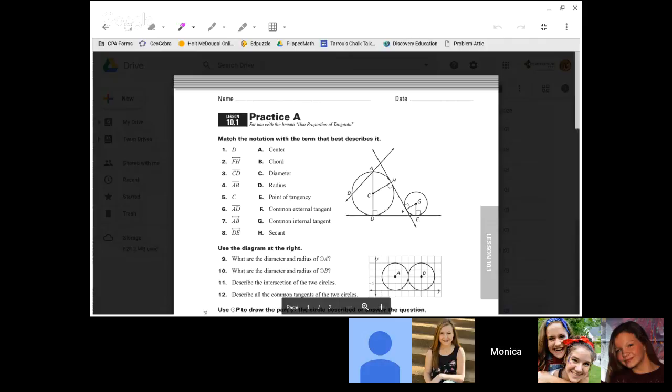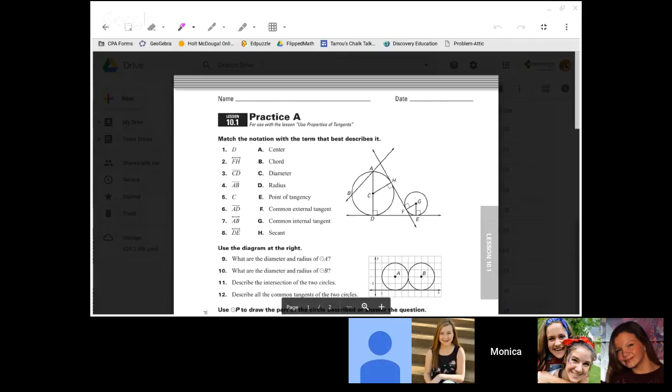Okay, so remember in class I said the first thing to do is to draw your tangent lines. Did you do that? Okay, so tangent lines, remember, are lines that touch a circle in one point.